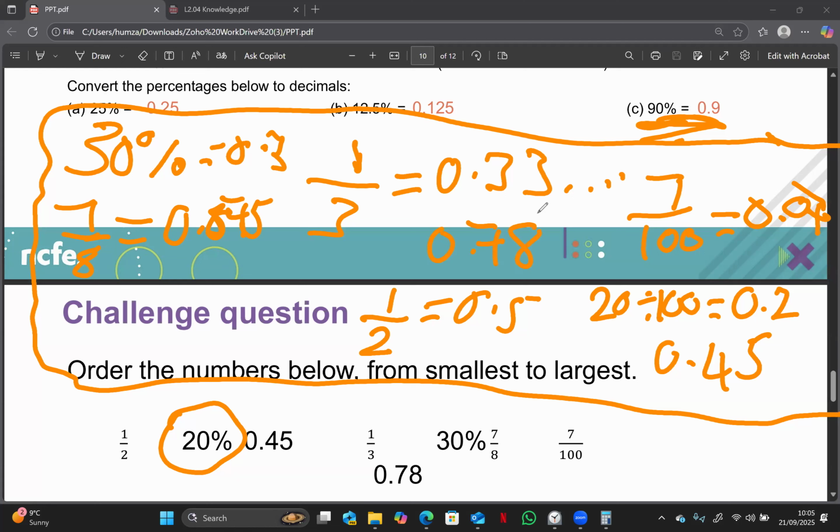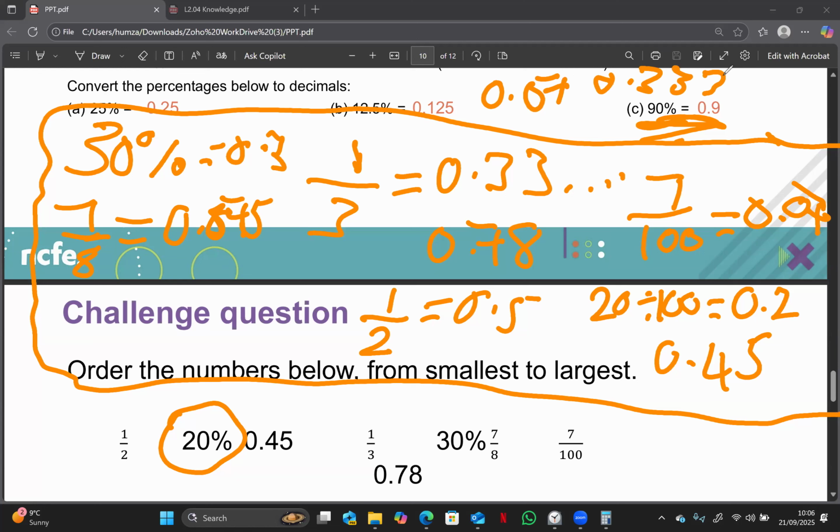What's the smallest? The smallest one is 0.333. No, look, 0.07. That's smaller than everything, isn't it? 0.07, not 0.7. What's bigger, 0.07 or 0.333? 0.7?